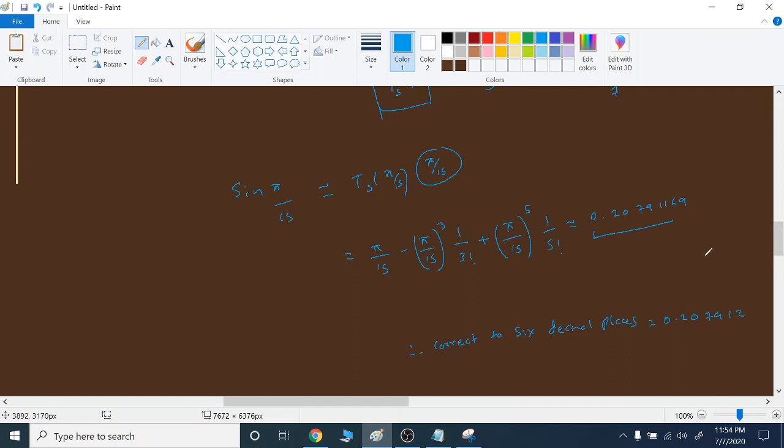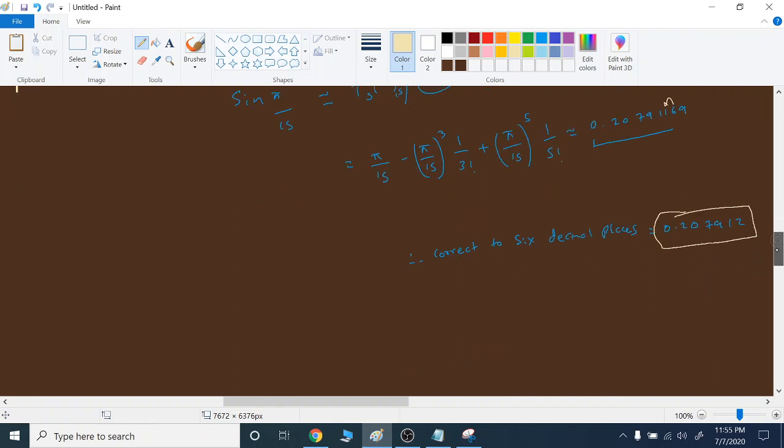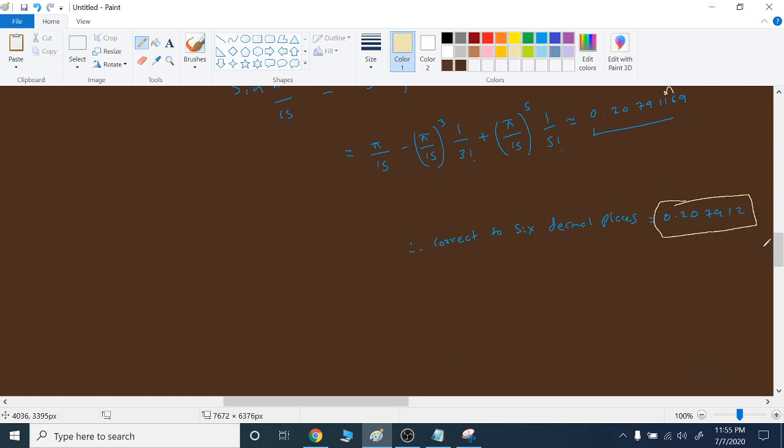So what we can do is use rounding techniques to end this number at 6 decimal places. So definitely this will be accurate up to the 6th decimal place.